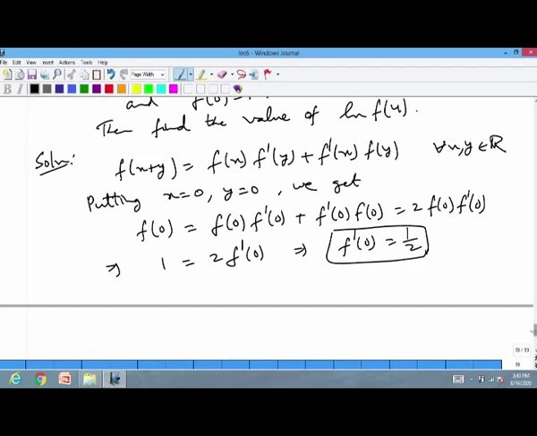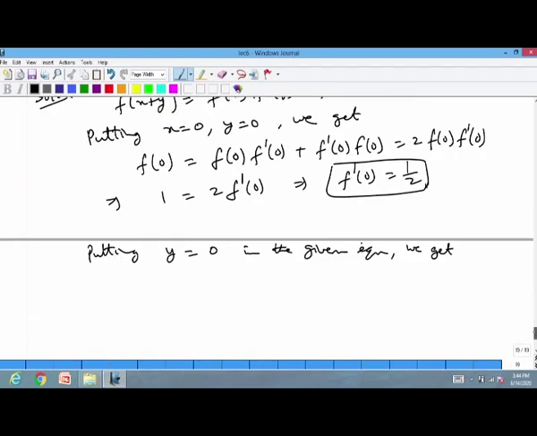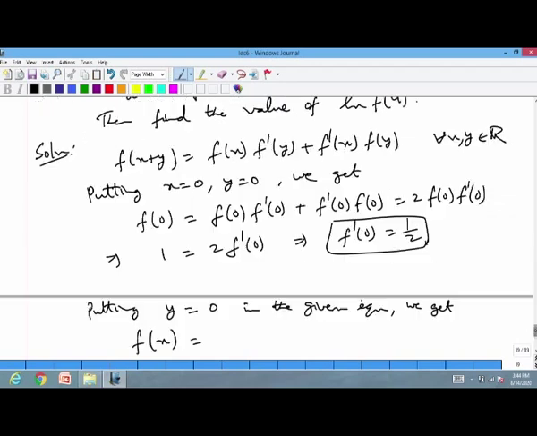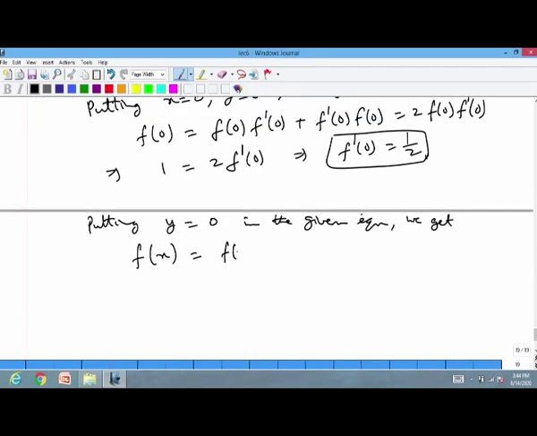So, again putting y equal to 0 in the given equation, we get f of x plus y will become f of x equal to f x times f prime 0 plus f prime x times f of 0.